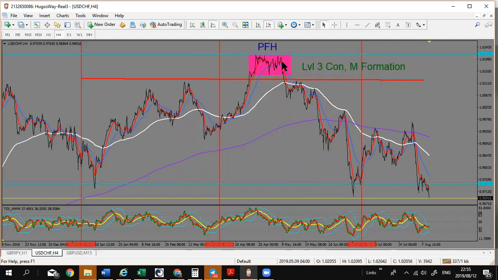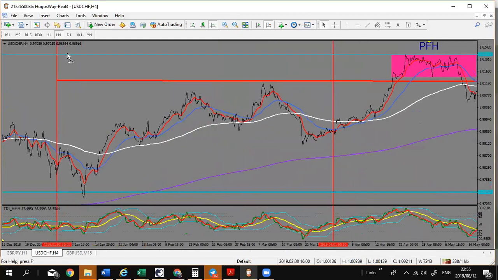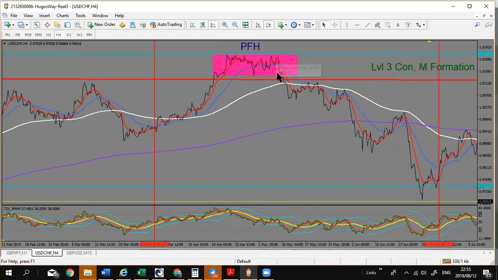Now here we see a crossover of the ketchup and the water. So that tells us that our level one consolidation, or level three, our peak formation high, is basically locked. And if we zoom in over here, you can see that we kind of have 1, 2, 3 impulses, consolidation.